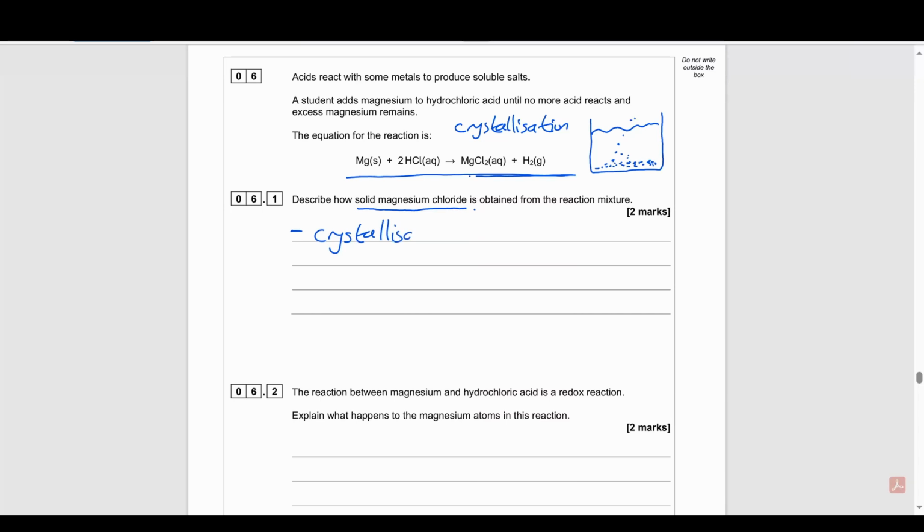Crystallization is the process. But what must happen first? We need to make sure the key step is that we filter our reaction mixture from this excess magnesium that has been added.